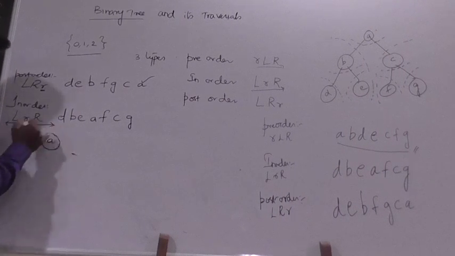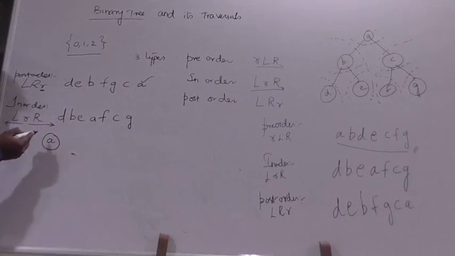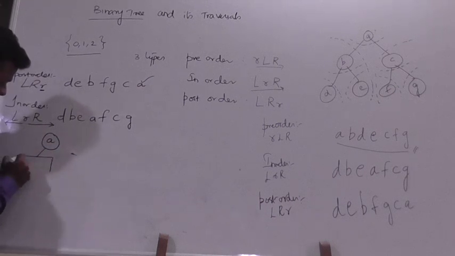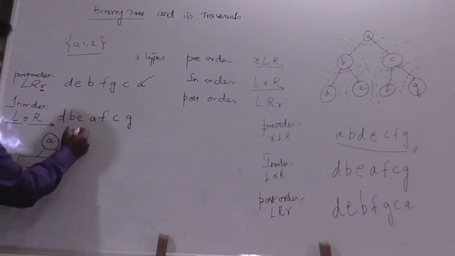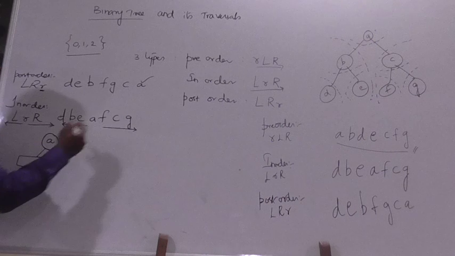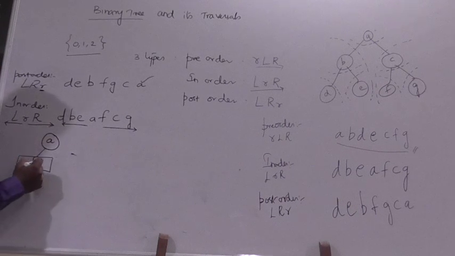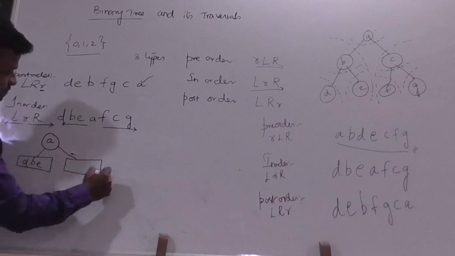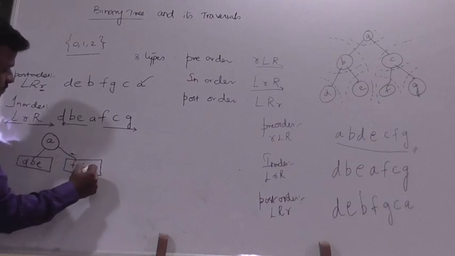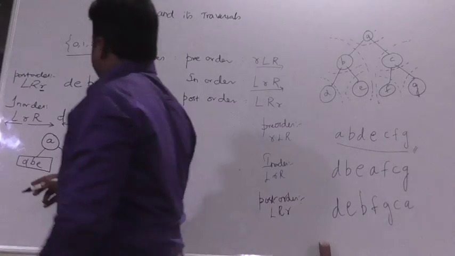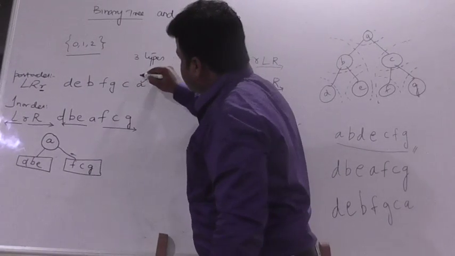The elements which are right to the root node are right child nodes. Simply D, B, E comes under the left part and F, C, G comes under the right part. And then just discard A.